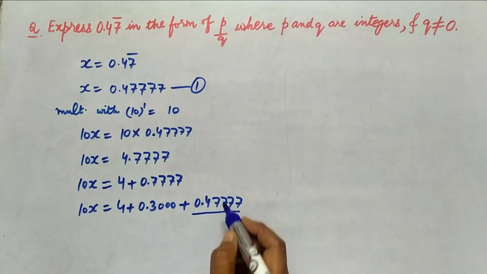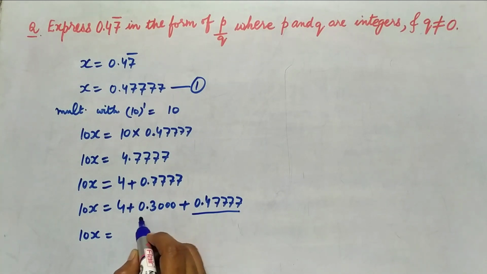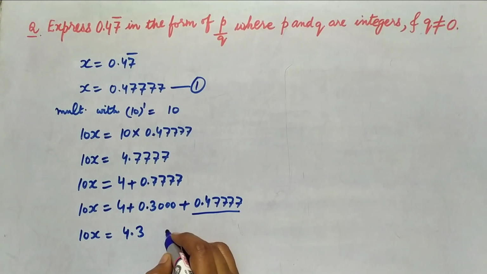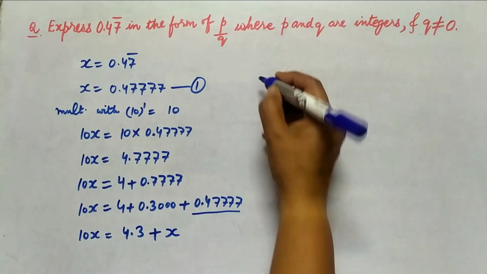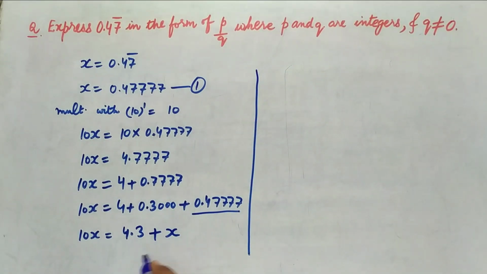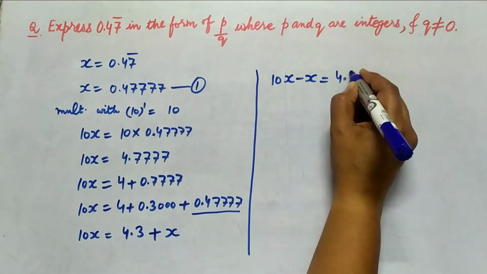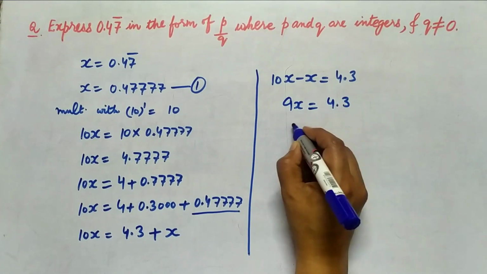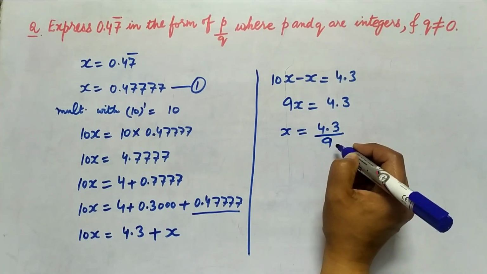This is our x as we supposed in equation number 1. We have 10x is equal to 4.3 plus x; these two are added separately, and no need to write zeros. Then x goes to the left hand side, 10x minus x is equal to 4.3, so 9x is equal to 4.3, or x is equal to 4.3 by 9.